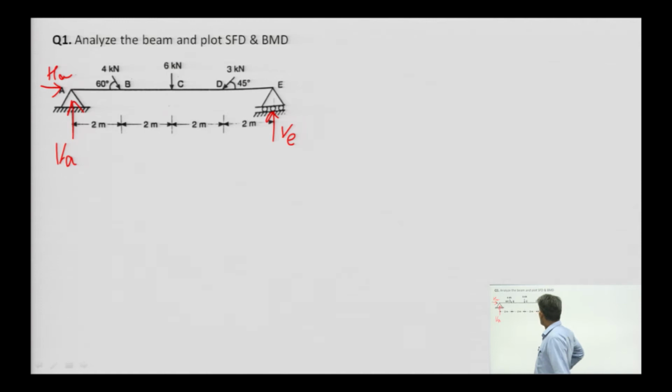And in addition to SFD and BMD, here an axial force diagram will also be there. So analysis of the beam means to plot all these 3 diagrams.